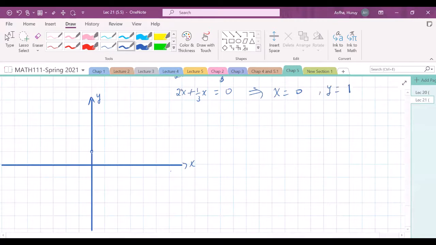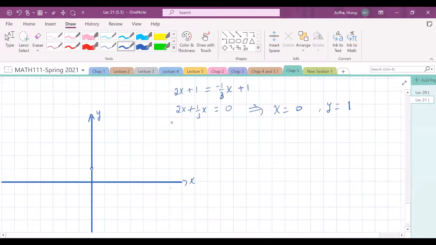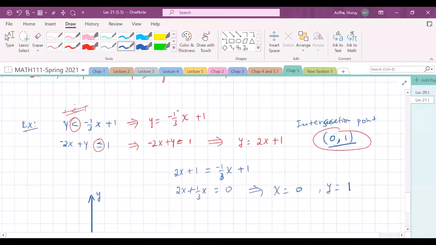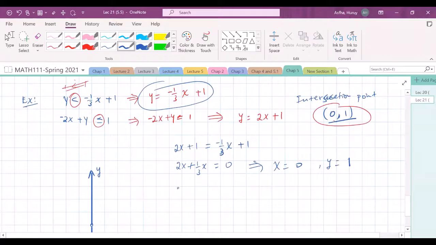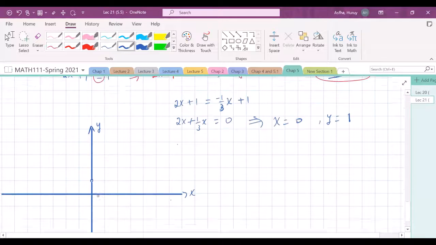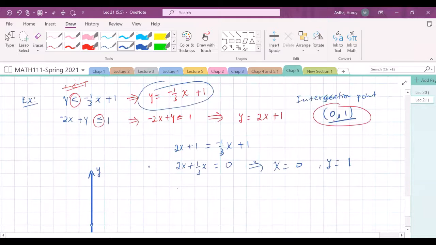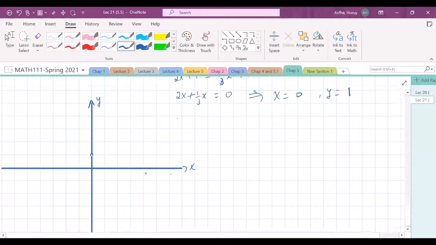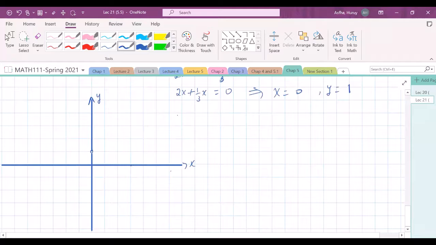Now let's draw the graph of the first equation. We have y equals negative 1/3 x plus 1. So it's (0, 1) and (3, 0).